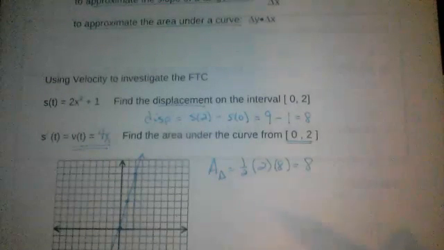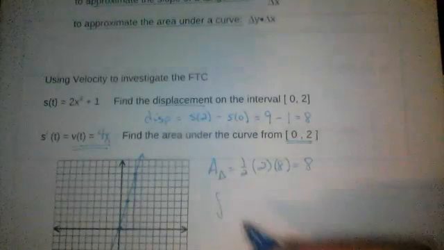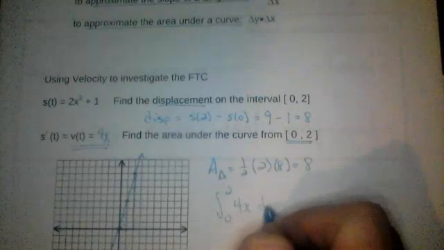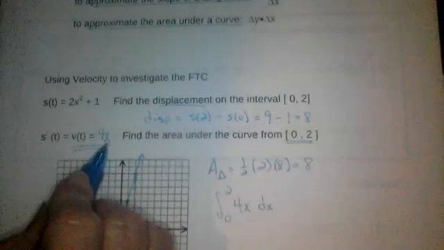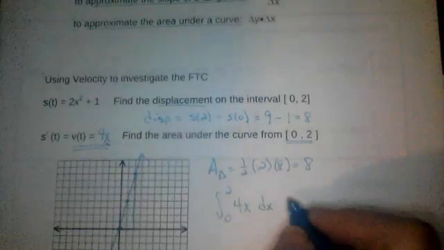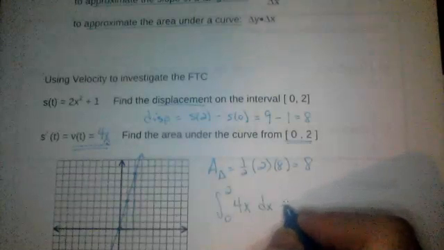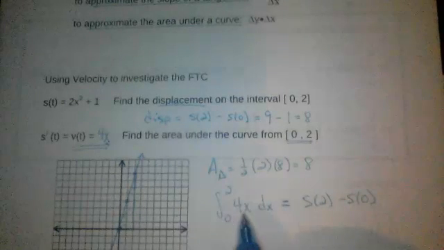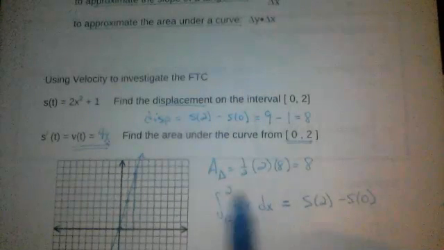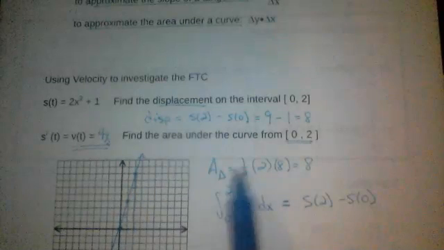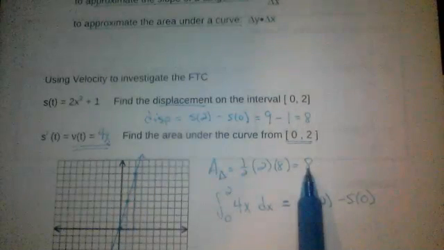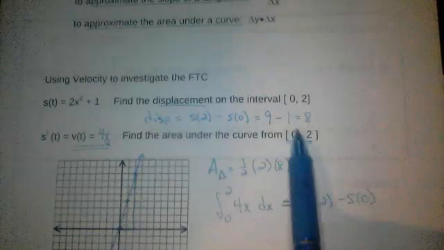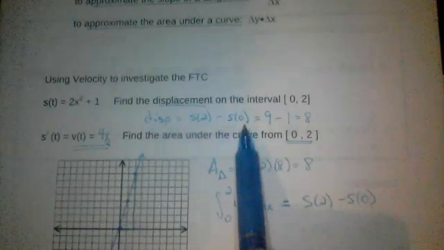So let's tie that into our integrals. If we integrate from 0 to 2 this function 4x, then I'm getting s of 2 minus s of 0, because I know that this represents the area under the curve, and this is my geometric area under the curve, and I know that this was 8 and it equaled this, s of 2 minus s of 0.